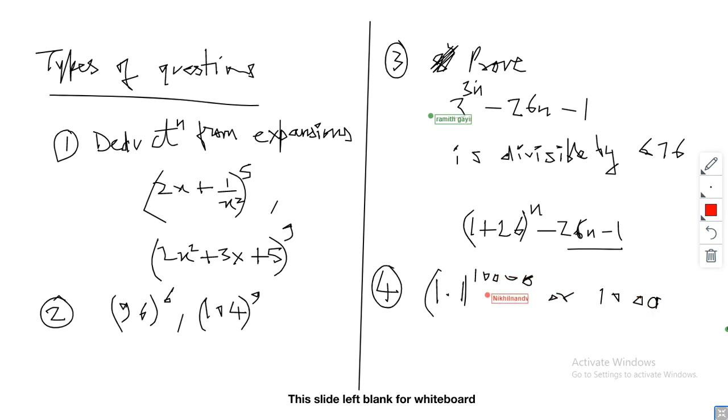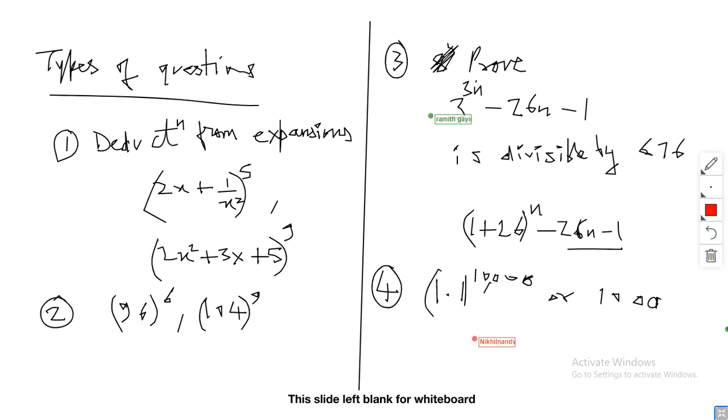What is the method? Just using binomial. You have to rewrite 1.1 as 1 plus 0.1.